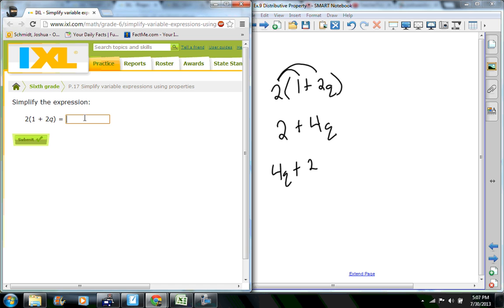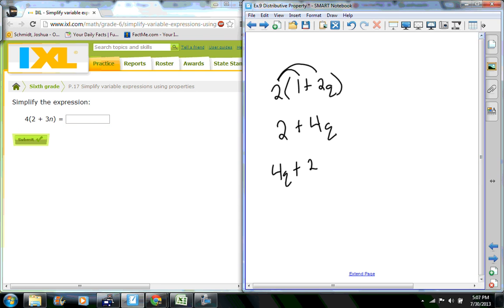Okay, and that one we just did. So this one, we have 4 parentheses, 2 plus 3n. Well, for this one, we're going to distribute because we don't have that addition sign in the middle, and we get 8 plus 12n.